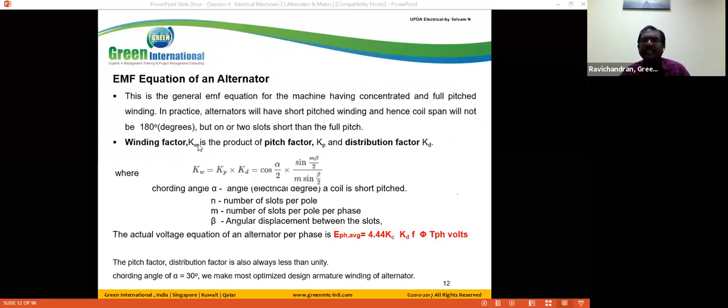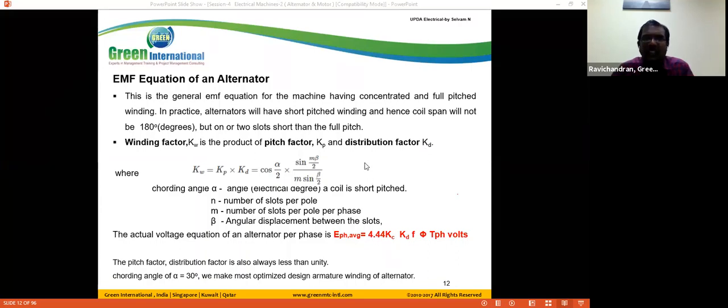The winding factor Kw has two terms: the pitch factor and the distribution factor. They don't ask many questions in this area. Just remember the terms: winding factor, pitch factor, distribution factor.